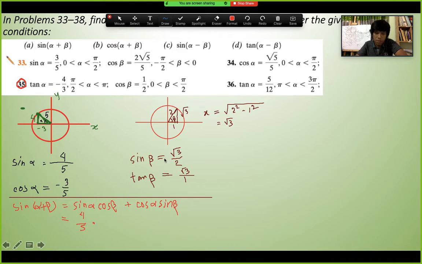Cos beta is given, 1 by 2, plus cos alpha is minus 3 by 5, sine beta is root 3 by 2.